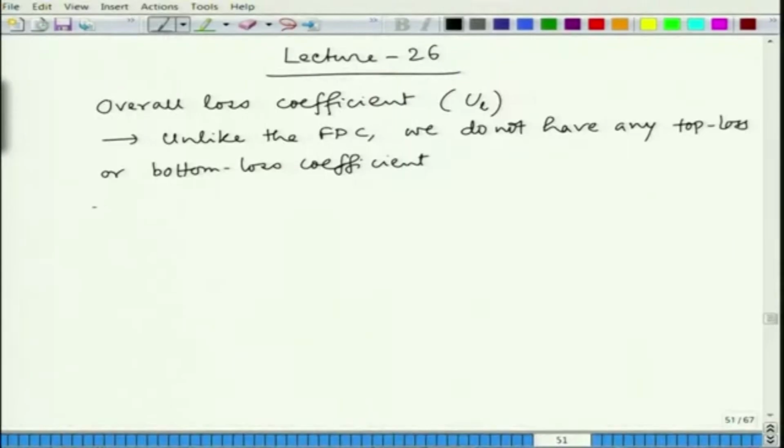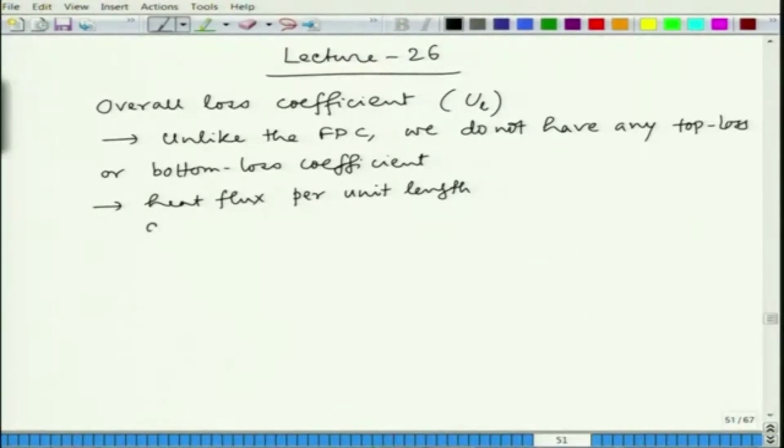Now, if we look at the heat flux at different levels, so let us say heat flux per unit length, right. So, we are not considering how the heat flux is changing along the length.